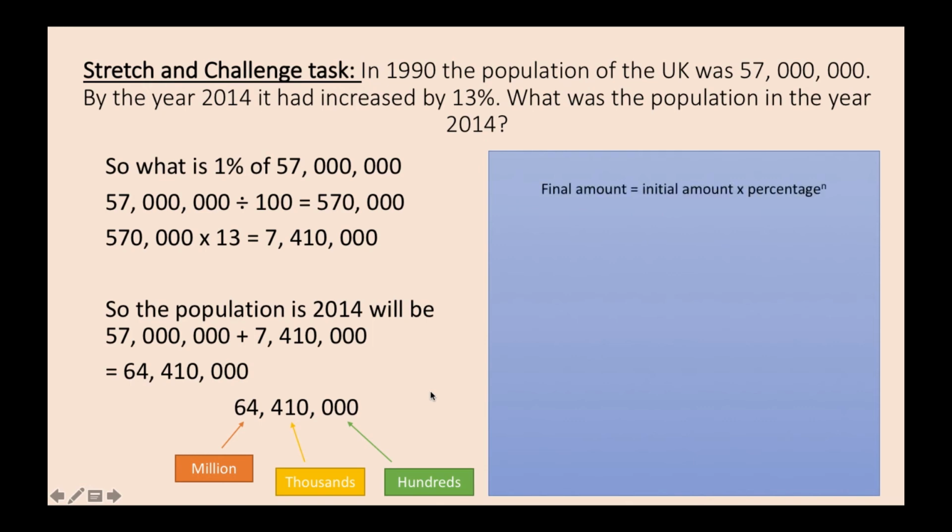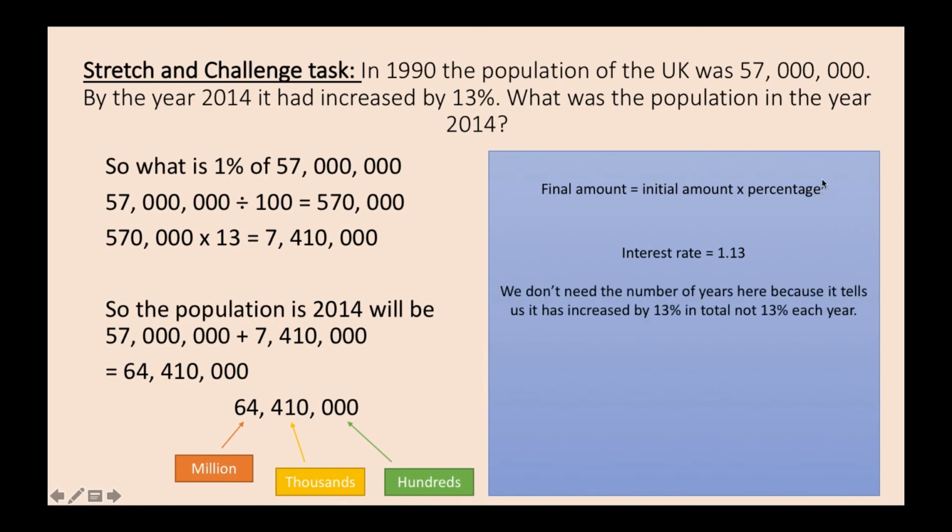Okay, so we could have used our multiplier method, but we don't need to use n because there's no years. So the multiplier would be 1.13, because you want the amount that we had in the beginning plus the 13%.